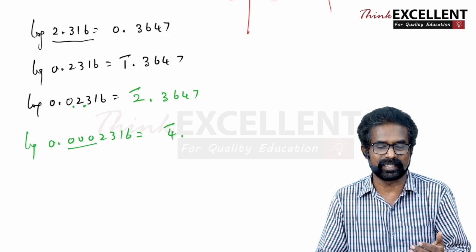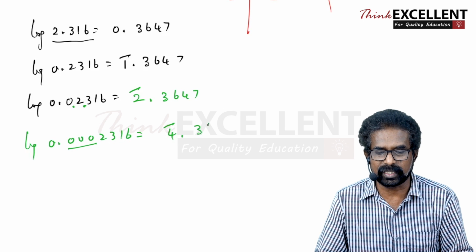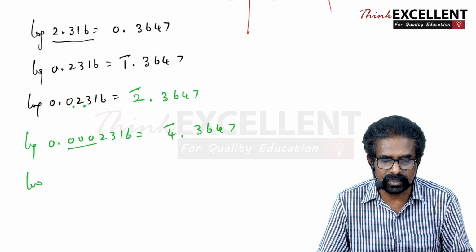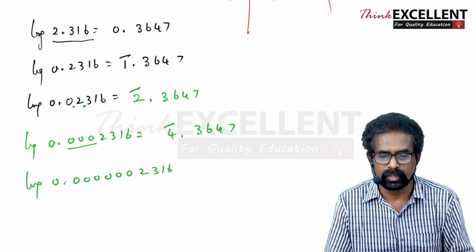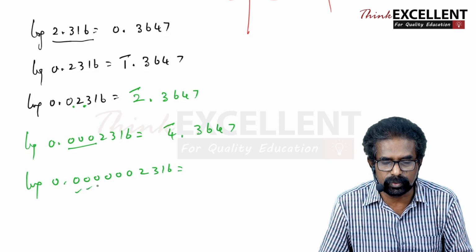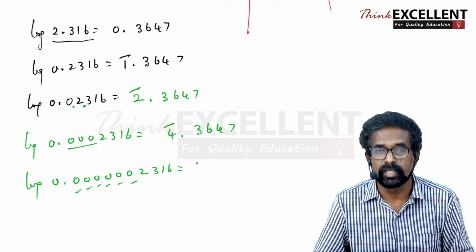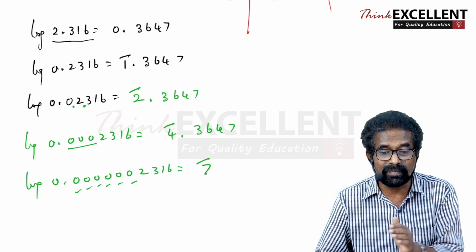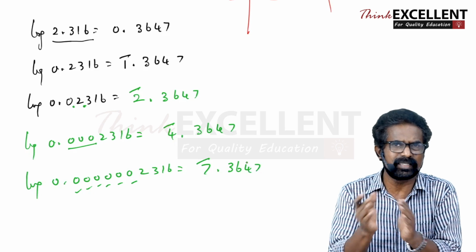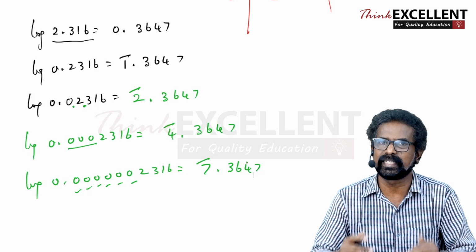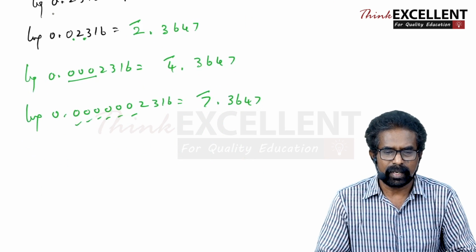You make it easy like this. Now 2316 is 3647. Suppose it is the log of 0.000000 2316, count how many zeros: 1, 2, 3, 4, 5, 6 zeros. You write bar 7.3647. So you can save time. Initially just count and write, but later you can do it like this.